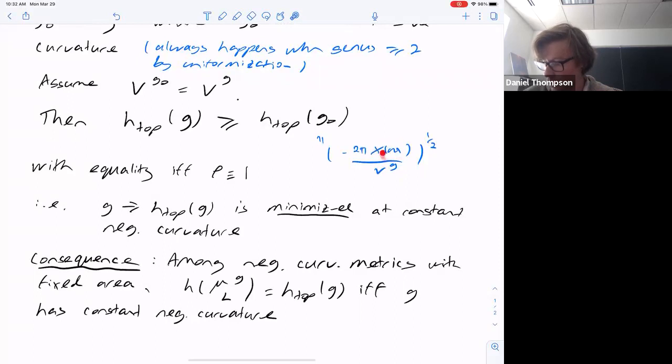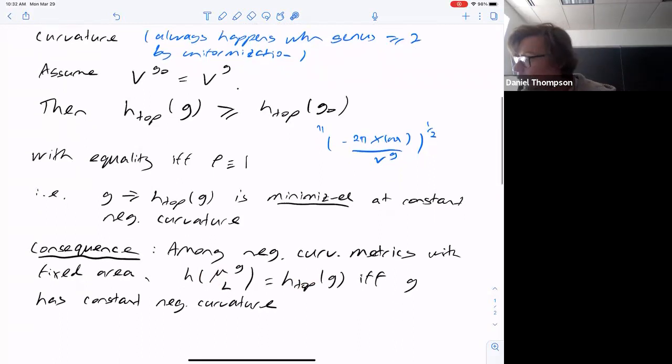Right. This is the number we get at constant negative curvature. It's an upper bound for this number and a lower bound for this number. So they only match up at constant negative curvature.